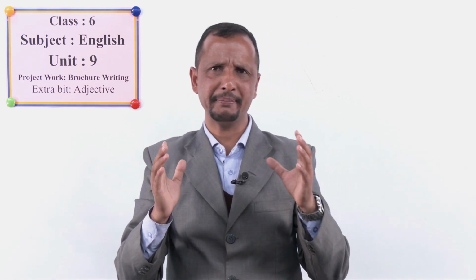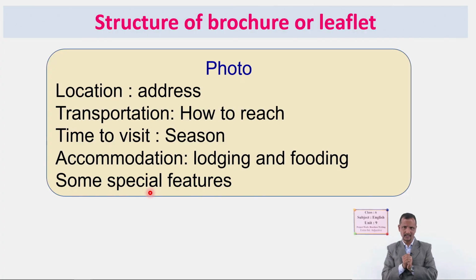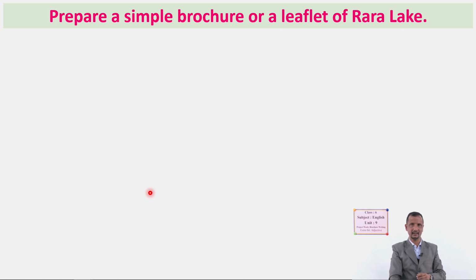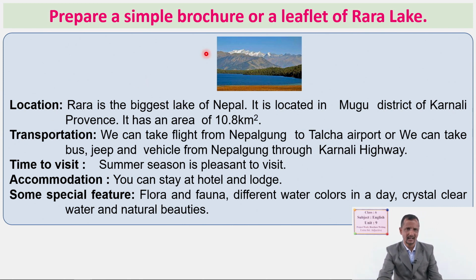Now I have prepared a sample one based on this structure. So here you can see the sample. It's just for sample. Now location photo here is Rara Lake. Our project work is to prepare a simple brochure leaflet of Rara Lake.